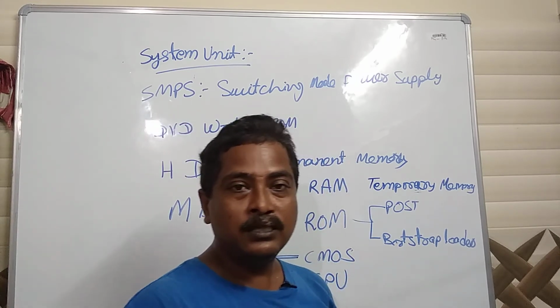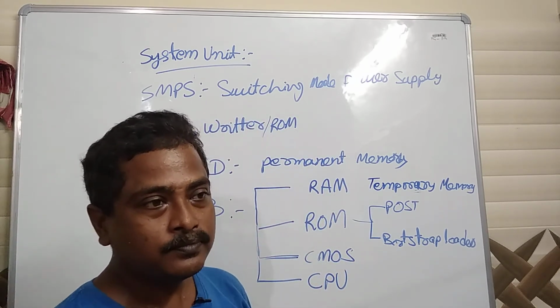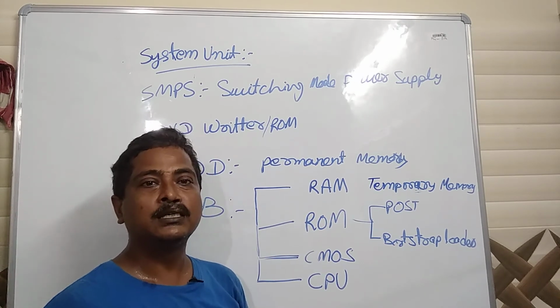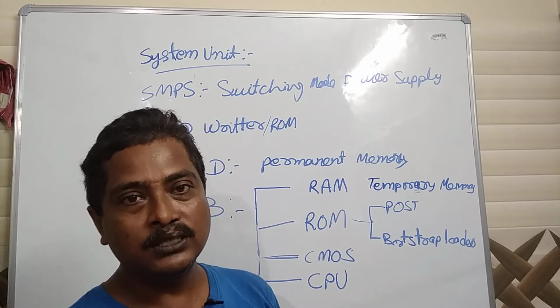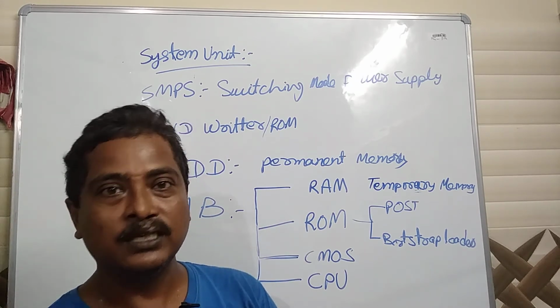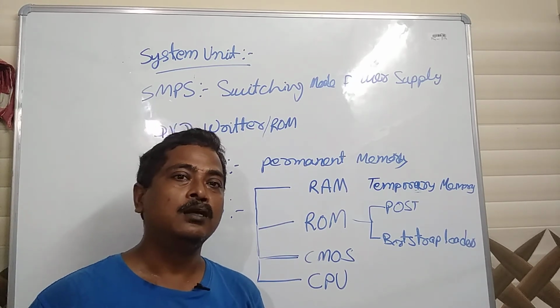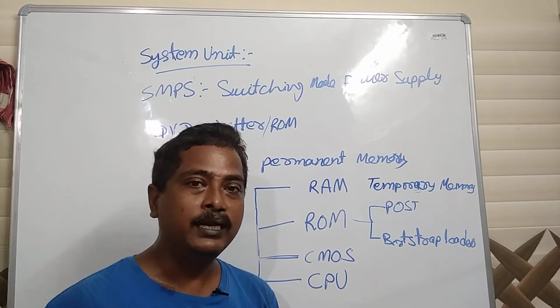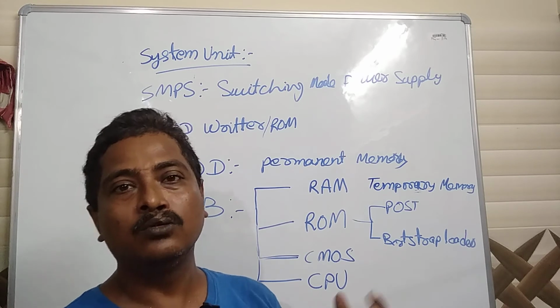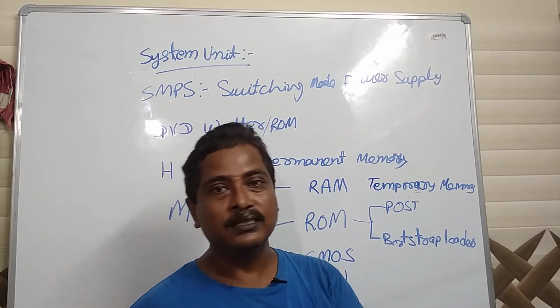As we discussed in our first video, if somebody asks you what is 18 into 12, you can't say suddenly. But if somebody asks you 10 into 2, you can tell suddenly it is 20. But for 18 into 12, you calculate 18 into 10 is 180, 18 into 2 is 36, 180 plus 36 is 216.